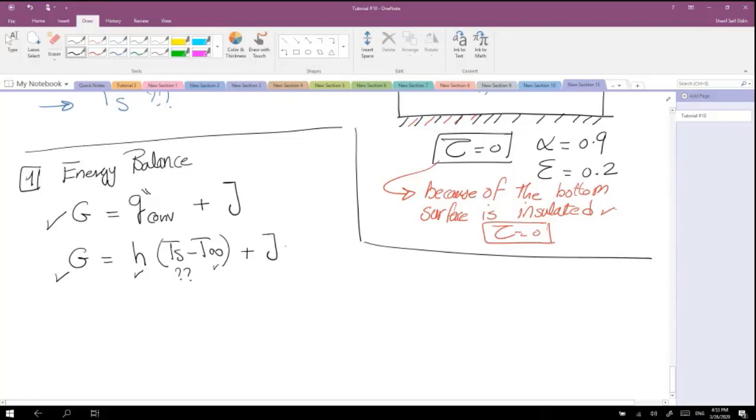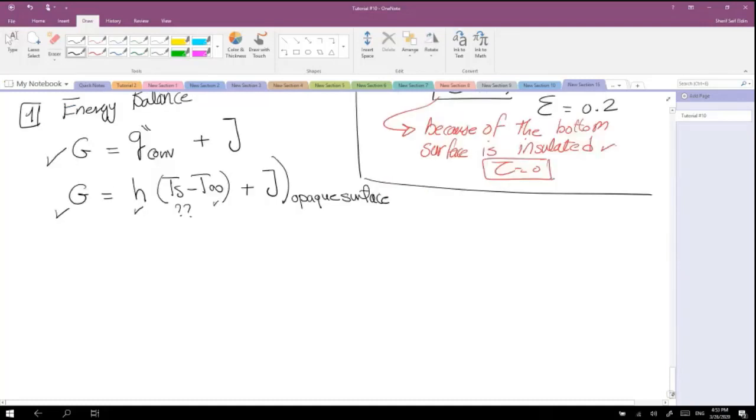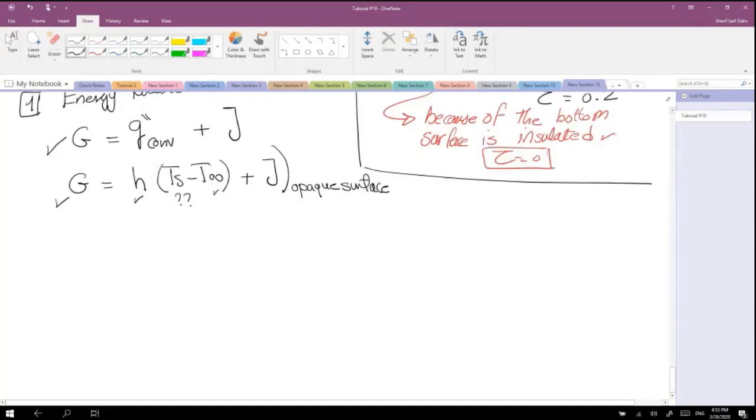So this J is for an opaque surface. J for an opaque surface is E plus G reflectance plus G transmittance, but for an opaque surface, transmittance is 0.